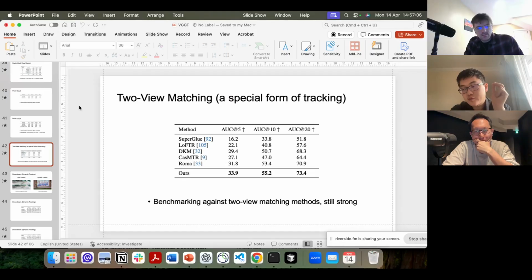But we found that previous two-view matching methods do not perform very well in long-term track estimation. So we chose to challenge ourselves and benchmark our method on two-view matching datasets. And it seems even in this case, our method still works better than previous two-view methods, like Roma, DKM or LoFTR, something like this.